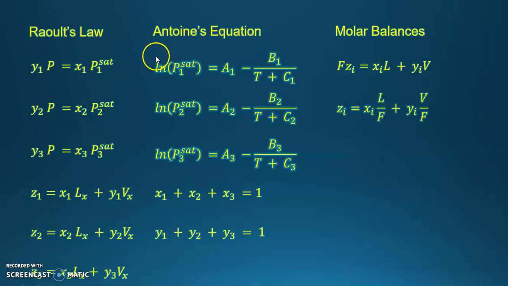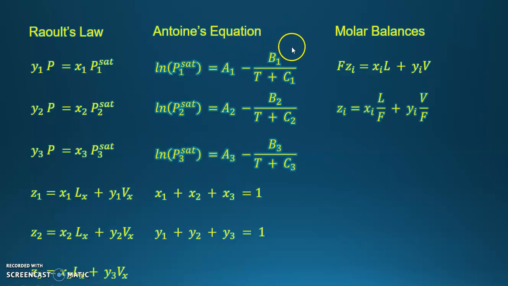Just remember the Antoine equation: the natural logarithm of the saturation pressure is equal to a constant A minus another constant B over the temperature of the system plus a constant C. In this case, the number 1 makes reference to component 1. Same thing for component 2 and component 3.